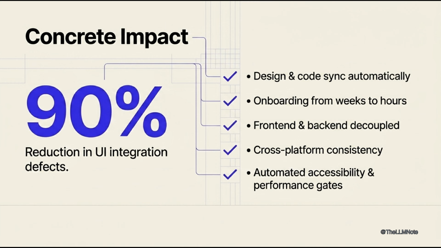Front-end releases are decoupled from back-end cadence. Teams ship independently, with consistent, performant interfaces across web, iOS, Android, and beyond. Automated performance budgets and accessibility gates are enforced at every commit. Quality becomes a systematic property. Velocity compounds while risk drops.